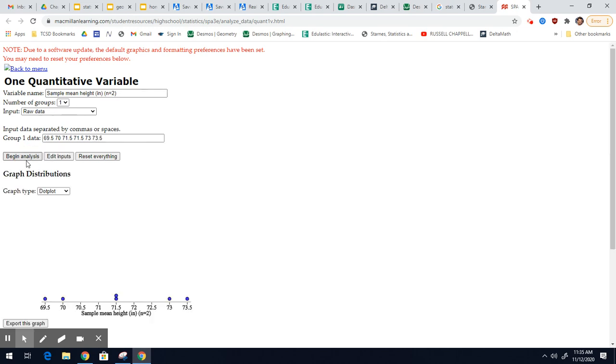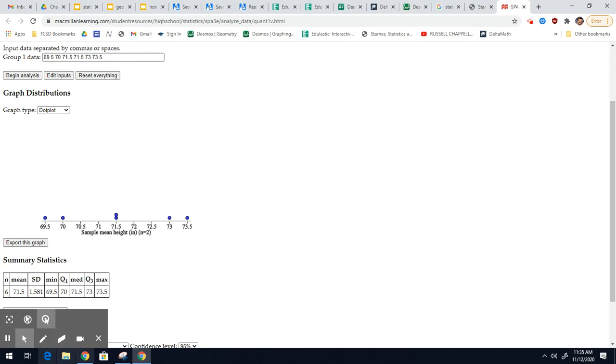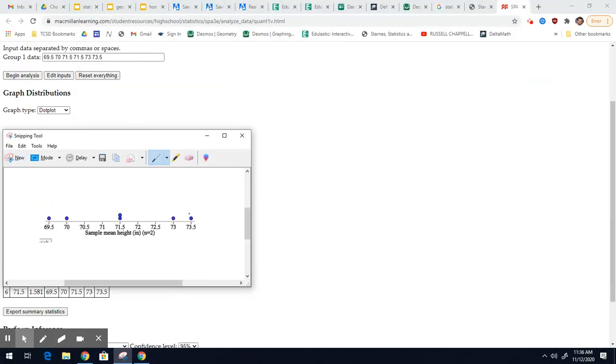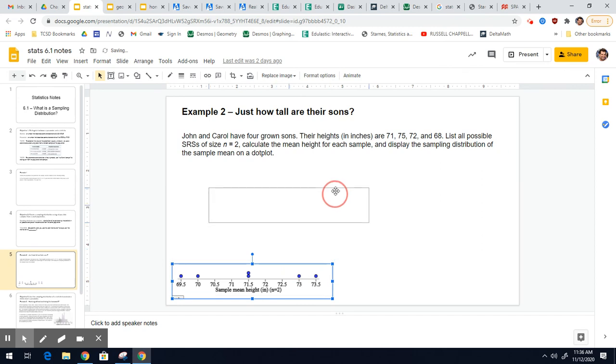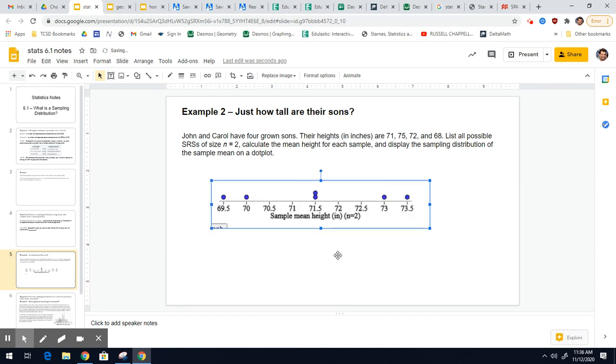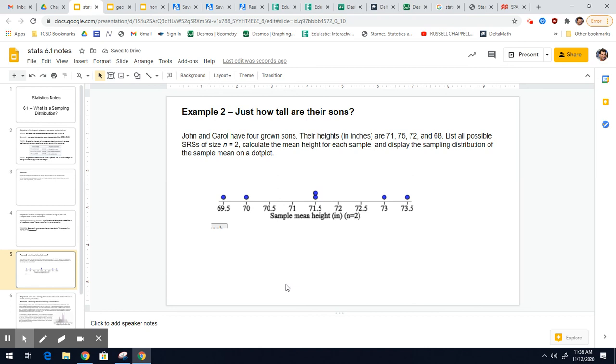I'm going to begin analysis, and there's my dot plot. And that's what I would copy and paste into my assignment, right? Copy, I'll paste it here. Okay, and that's what you're going to show me. And again, this is a sampling distribution of the sample mean height for these four sons in groups of two.